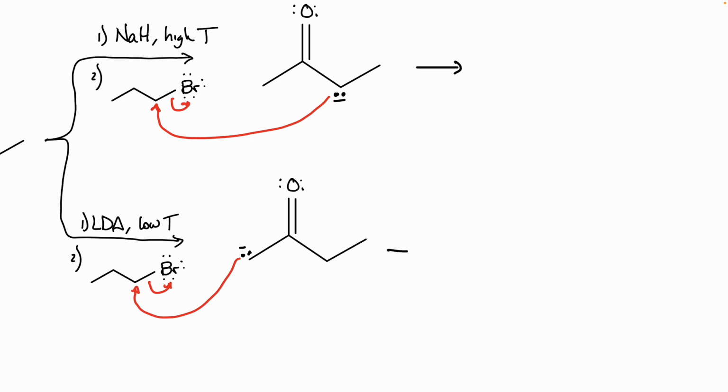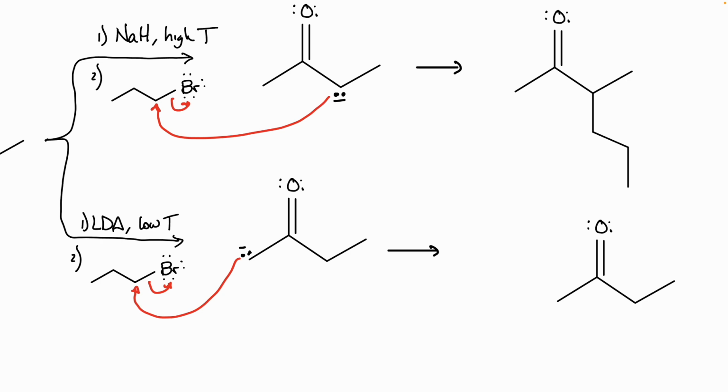We're going to alkylate that particular site. In the case of our sodium hydride, we've added 3 carbons to this alpha carbon. In the case of our LDA, we've added 3 carbons, and I'll keep my coloring consistent here, to our other alpha carbon.